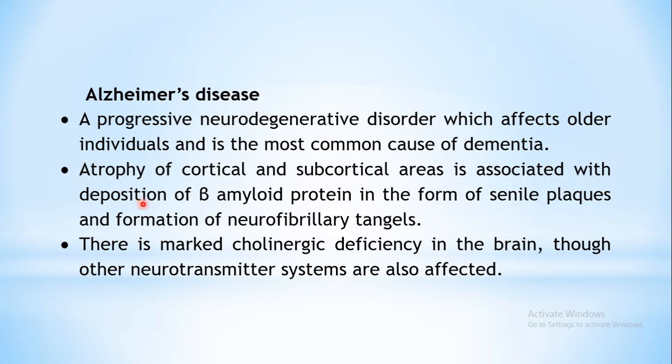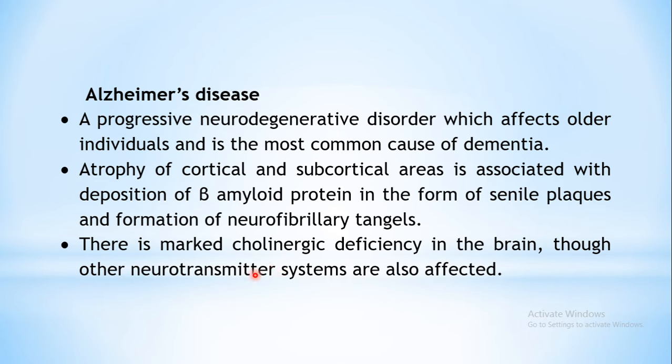It is because of the deposition of beta amyloid proteins in the form of senile plaques, and the formation of neurofibrillary tangles. Your neurons degenerate in such a way that their functions get affected, and the transmission is also affected, mostly the cholinergic system.